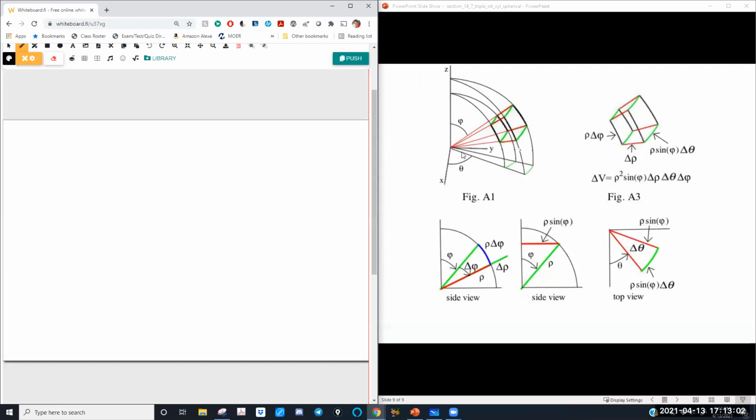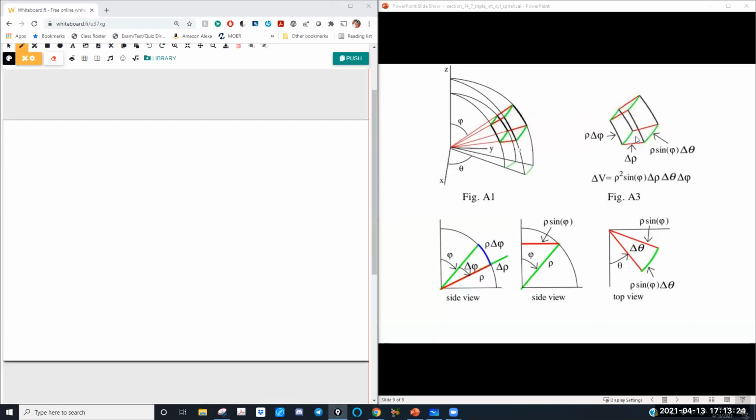So when we're in spherical and we break this volume up, we break it into a bunch of little rectangular cube shapes here. So this represents our dV. Let me get a pen so I can mark this up a little. So that's our dV, that cube shape here.